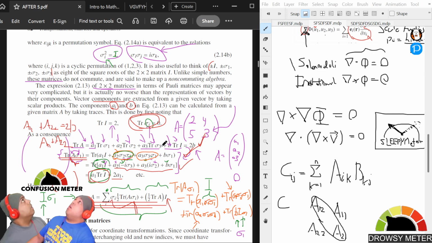Trace of that would be that. 2A1. Hmm. Half trace this. Row 1. I'll leave it for tomorrow.